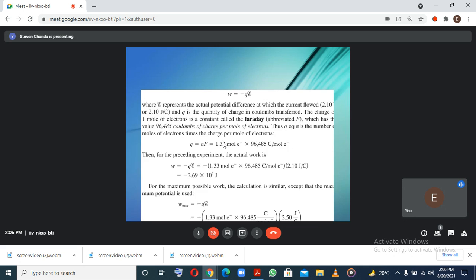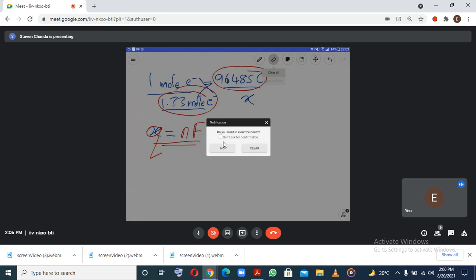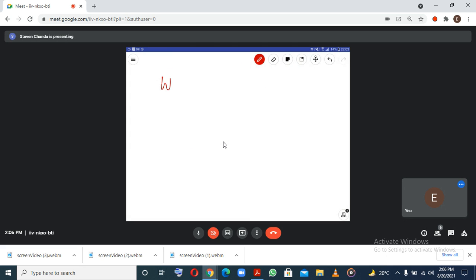Remember, we're trying to find the work that can be done by this particular cell. So we know that work is going to be minus Q times E.